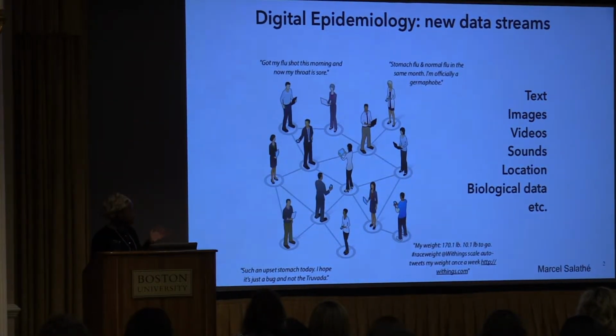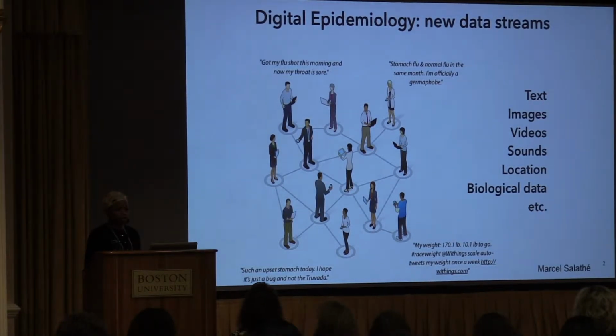These are just examples of some of the kinds of information that we would be interested in from social media, for example. An example here is someone tracking their weight on social media. That could be useful if you're looking at information about how people use social media for tracking health behaviors.